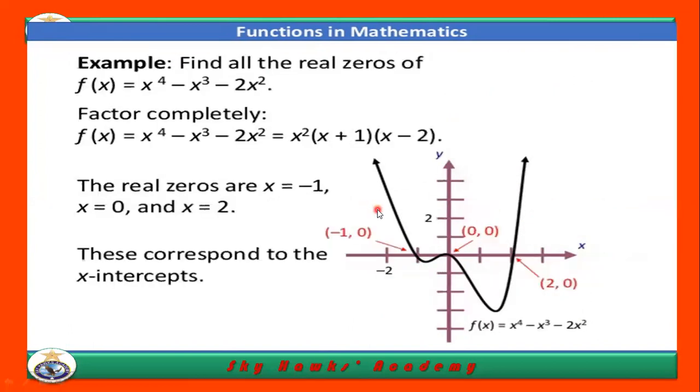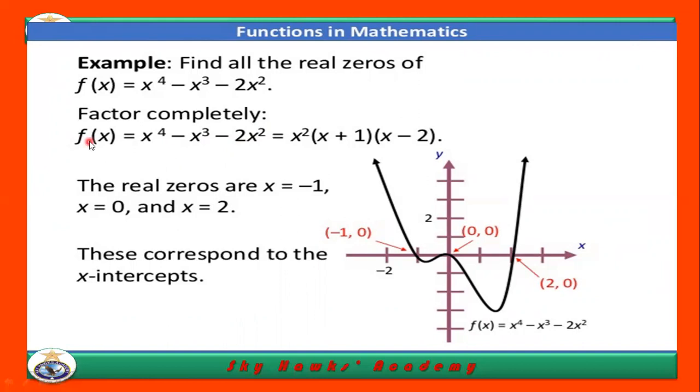Now find the real zeros of this function. We will have to factorize, so we'll get this, and these are the real zeros. Finding the real zeros means you will have to factorize and put each and every factor equal to 0. You will get the corresponding points.